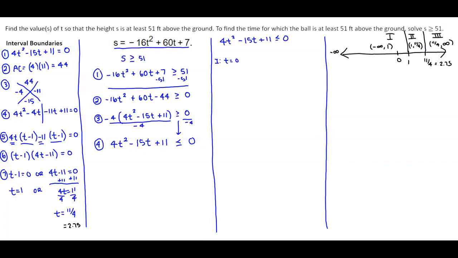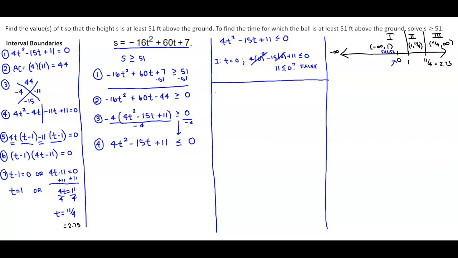So at t equals 0, we're going to plug it in. 4 times 0 squared minus 15 times 0 plus 11. We already know that's going to give us 11, and 11 is not less than 0. So it's going to be false for interval 1.